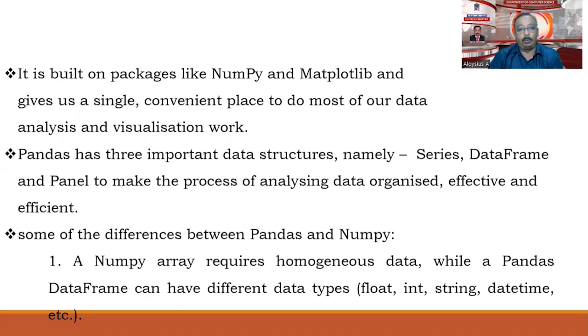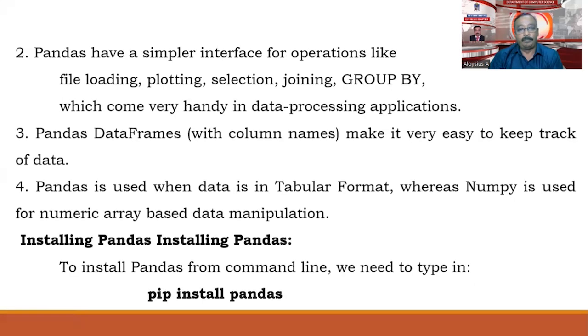organized, effective, and efficient. Some of the differences between Pandas and NumPy are: a NumPy array requires homogeneous data, while a Pandas data frame can have different data types like float, int, string, date and time, etc. in one file.